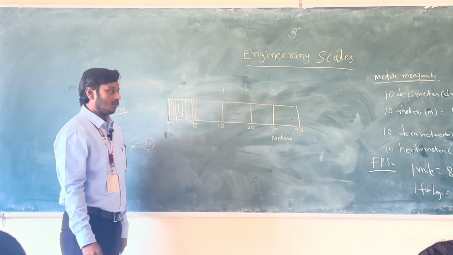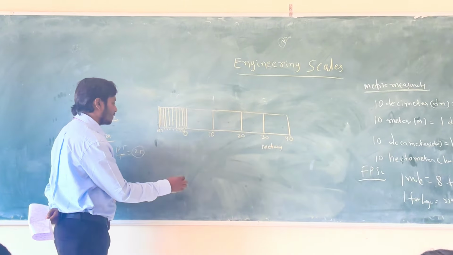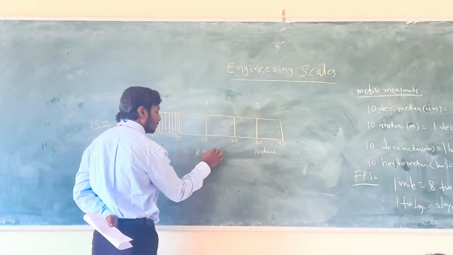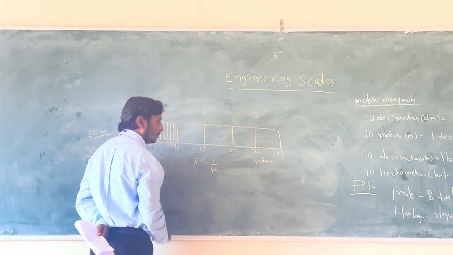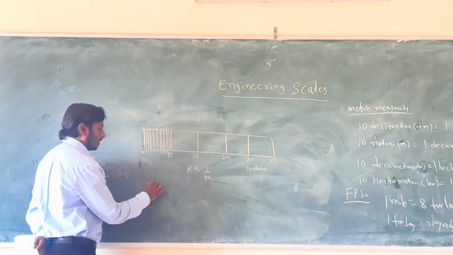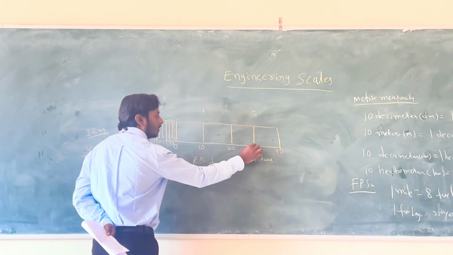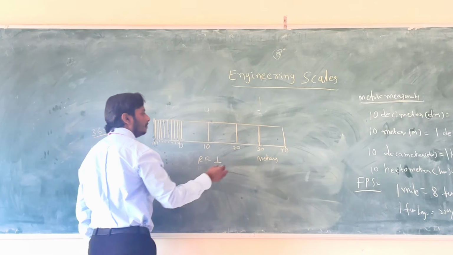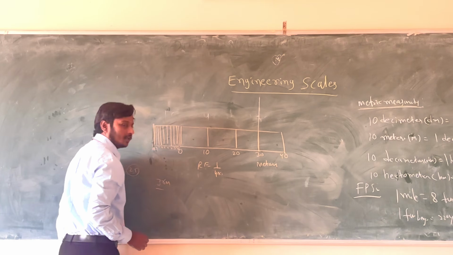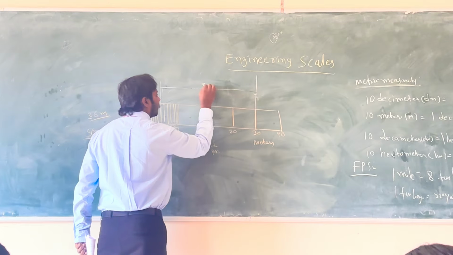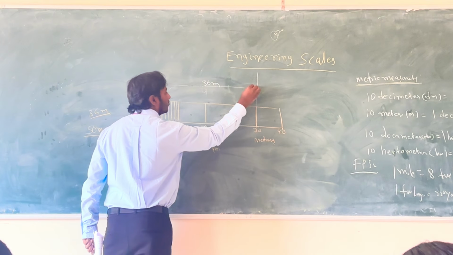Now see how to measure 36 meters on your scale. This is your completed scale. Here write RF is equal to 1 by 400. How to find 36 meters on your scale? 30 meters plus 6 meters gives 36 meters.